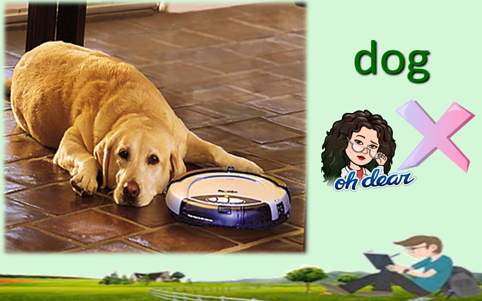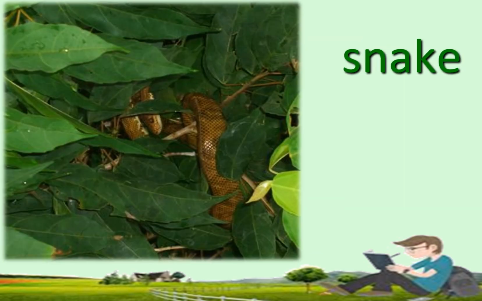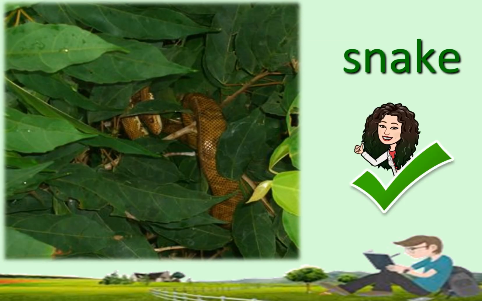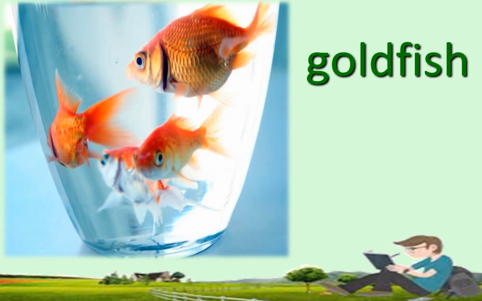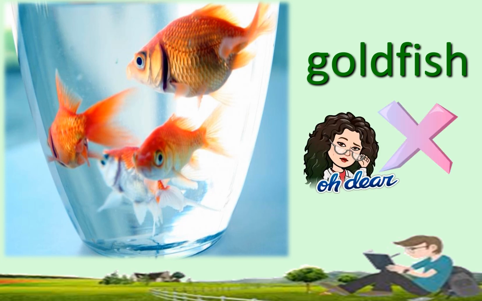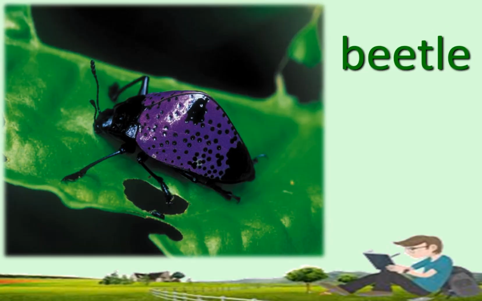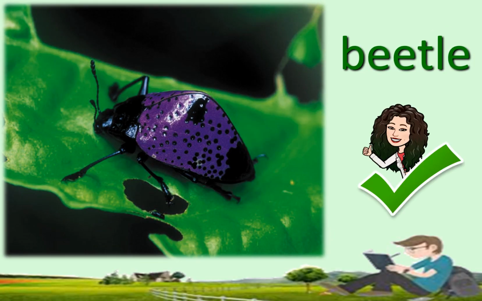Dog. Oh dear. Of course, you can see them in the house. Snake. Correct. They live in the rainforest. Goldfish. Oh dear. Wrong. They do not live in the rainforest. Beetle.